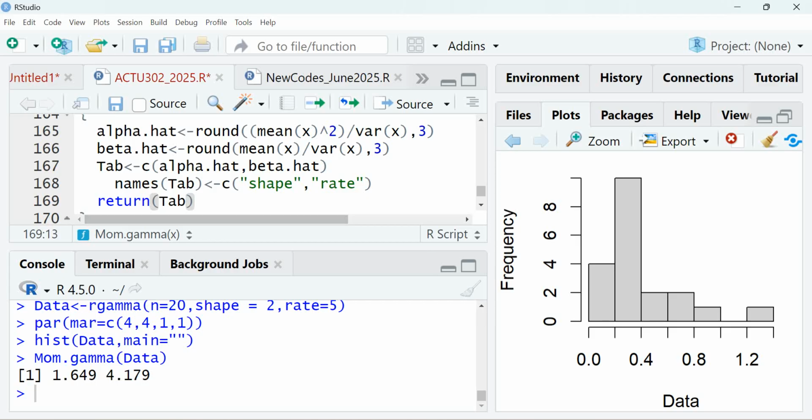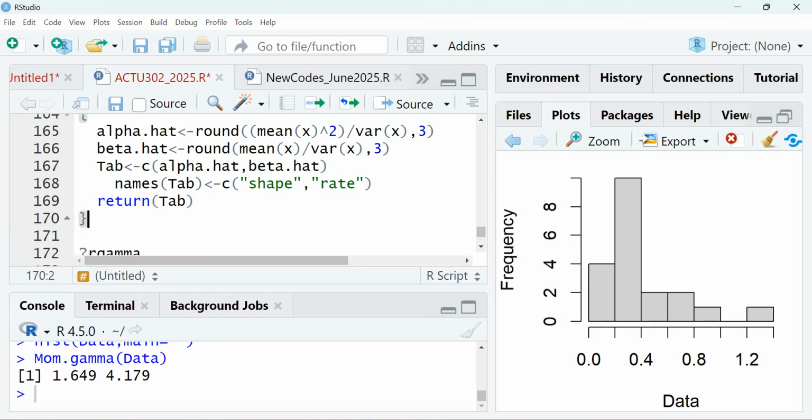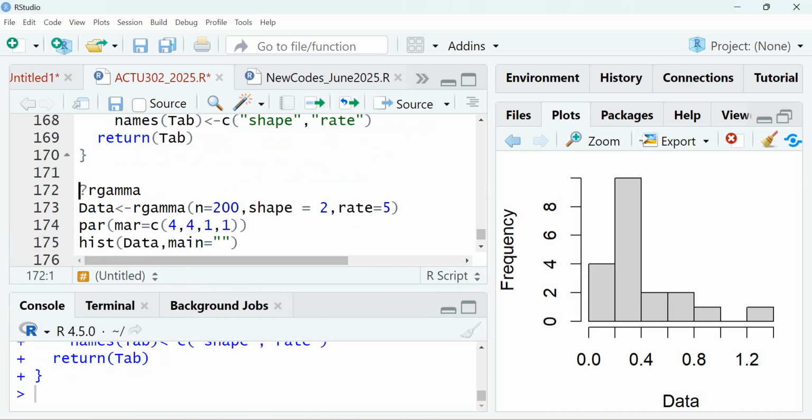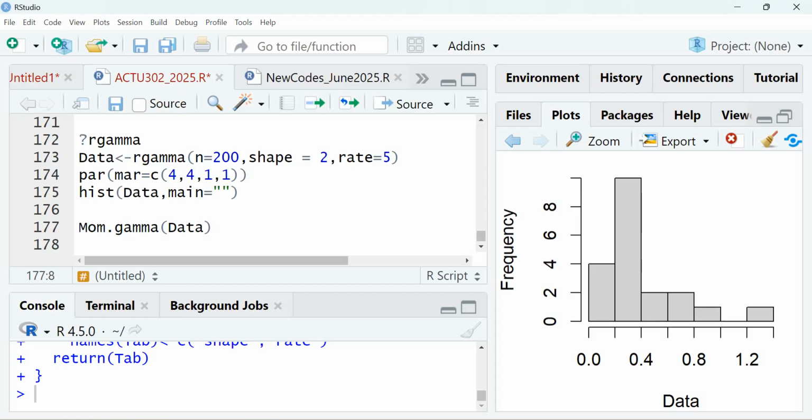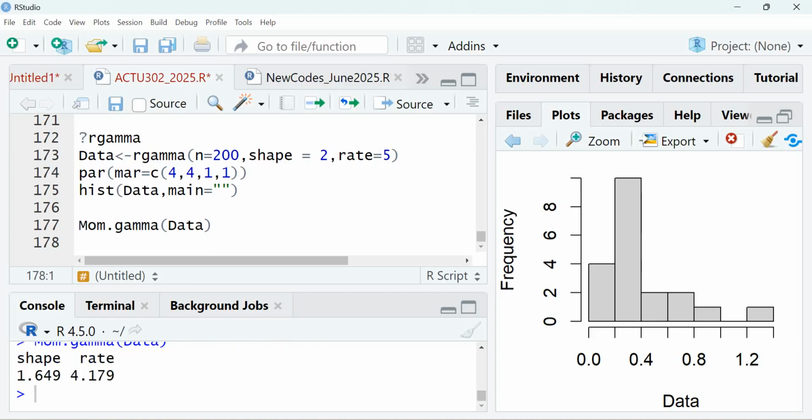So I need to do this such that when I display it, it will tell me that this is shape and this is rate. I haven't done anything to this. So now shape, rate, and then we can compare with what we are actually estimating.